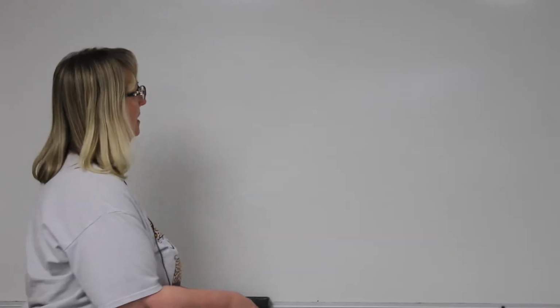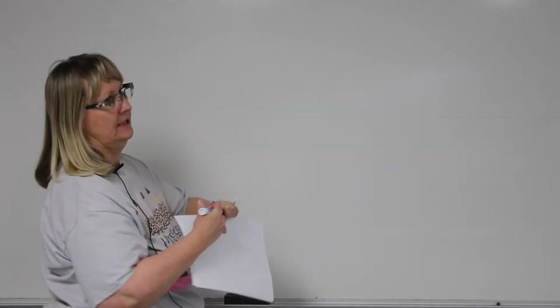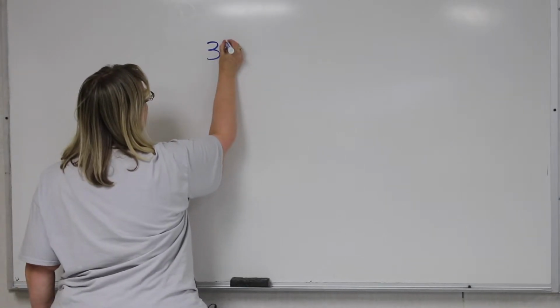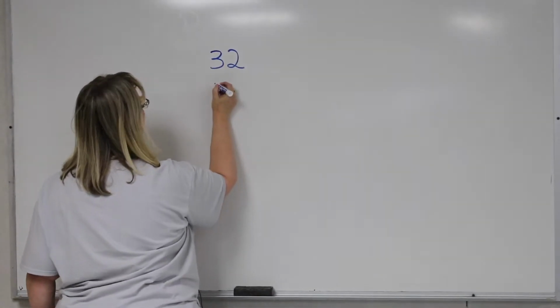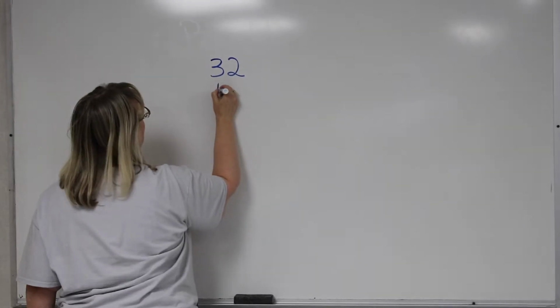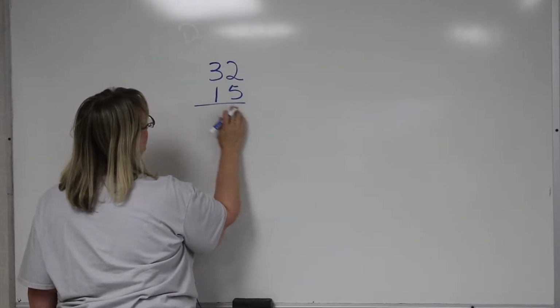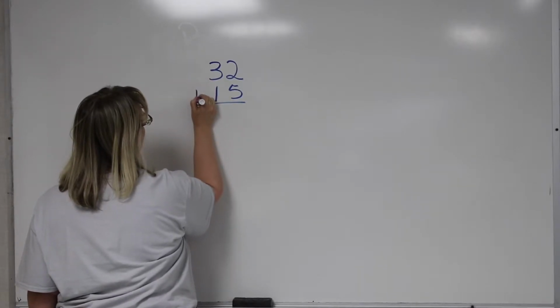So first we're going to start off with a two-digit number added to a two-digit number. The important thing when you're adding two-digit numbers is to make sure you line up your ones column and your tens column.